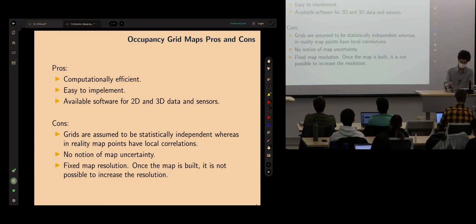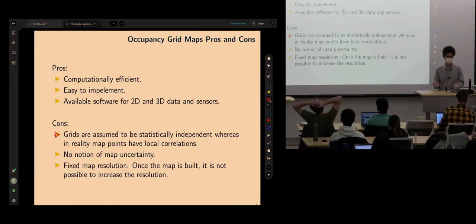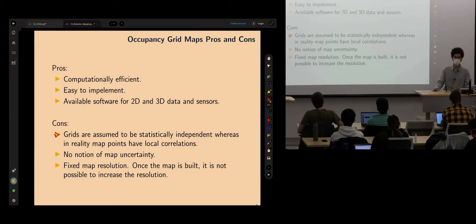Now the problems are that the grid assumption makes these voxels statistically independent. So we are not able to exploit existing correlation in the environment. That means if you have sparse point clouds, that will leave holes and gaps in the map, and the map inference by construction is incapable of completing the scene.